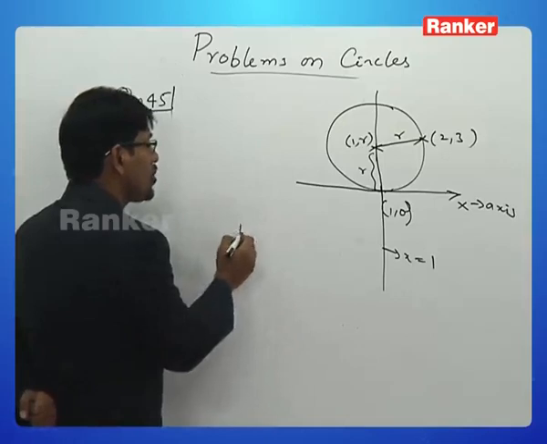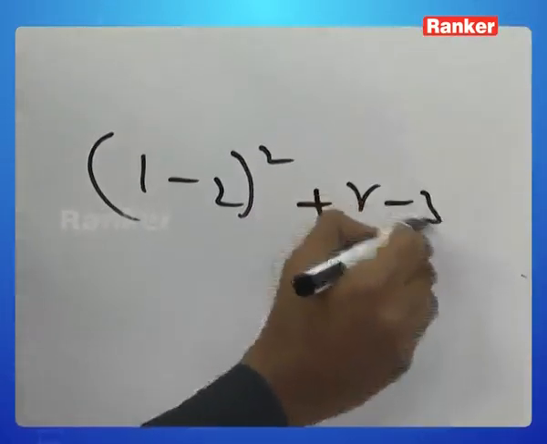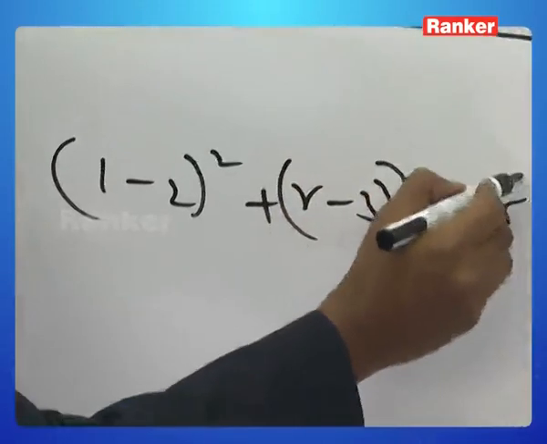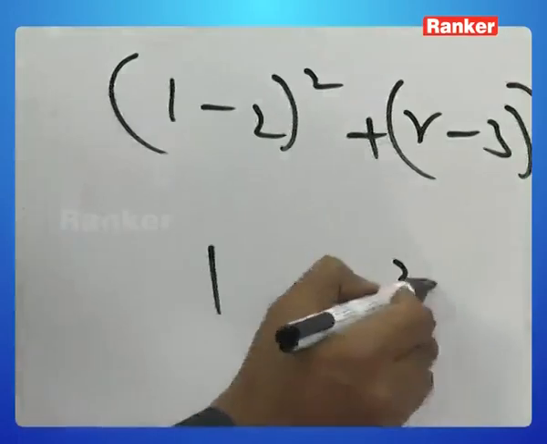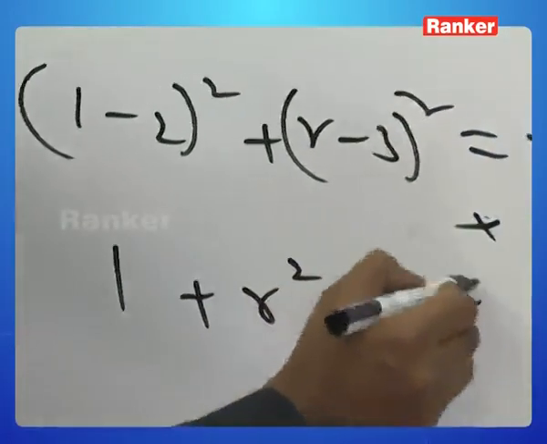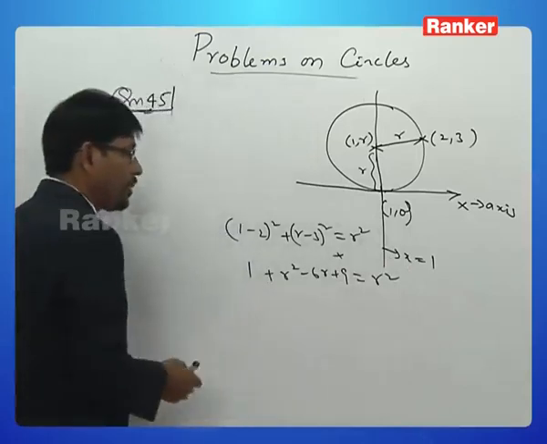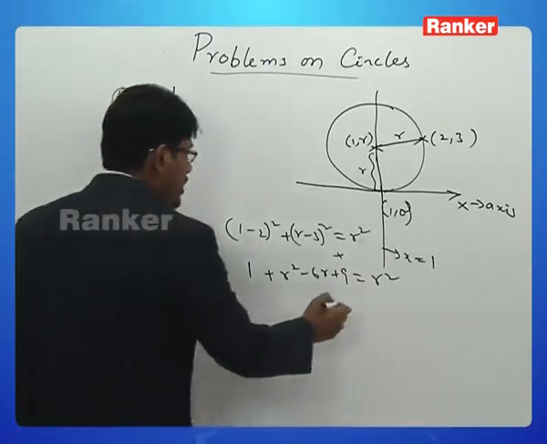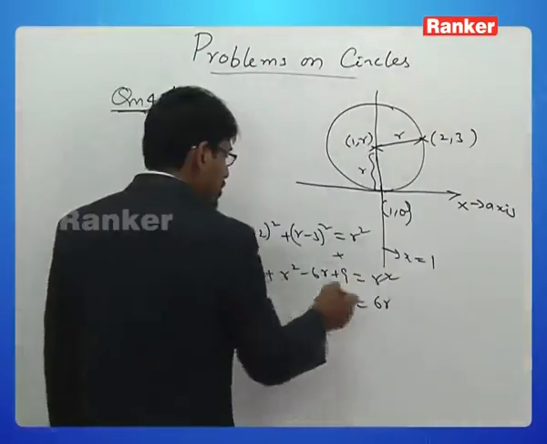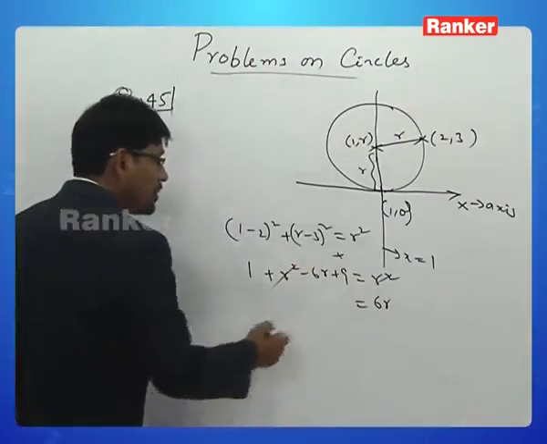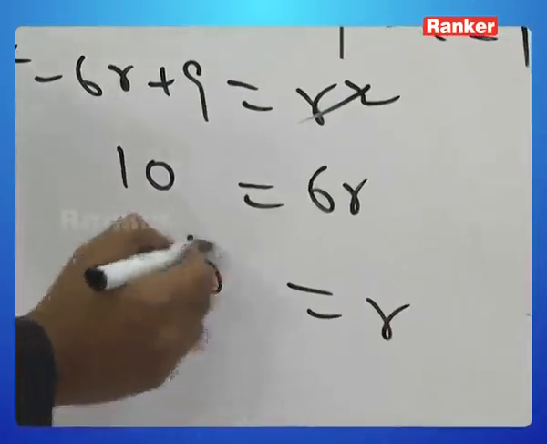So 1 minus 2 the whole square plus r minus 3 the whole square must be equal to r square. So we have 1 plus r square minus 6r plus 9 is equal to r square. r square cancels, and 6r is equal to 10. So r is equal to 5 by 3.